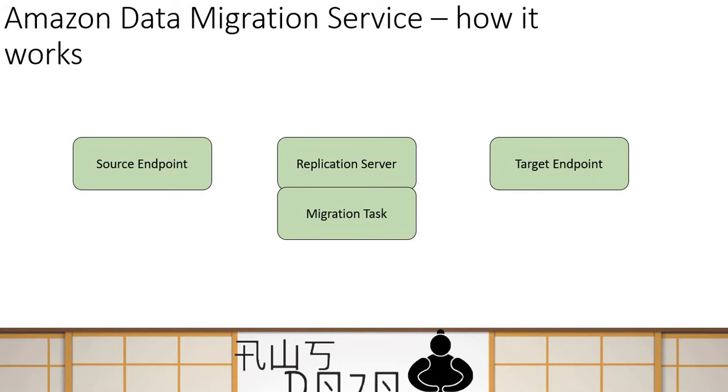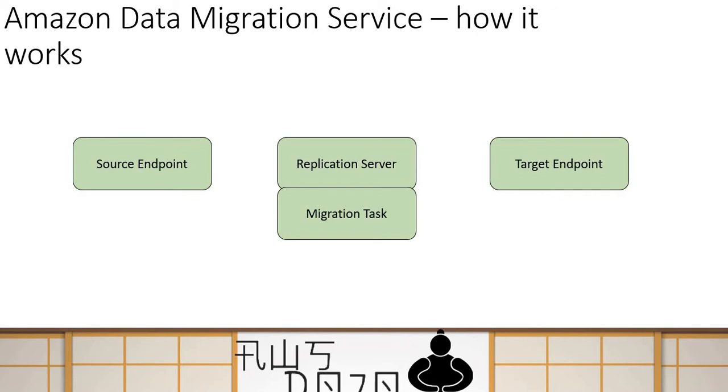In each migration task, you have to tell which replication server you want to use, which source endpoint you want to use, and which destination or target endpoint you want to use. Then you also provide additional information depending on the source or target, like how you want to select your source data, any type of filter you want to apply, and certain more configuration from the target endpoint point of view.